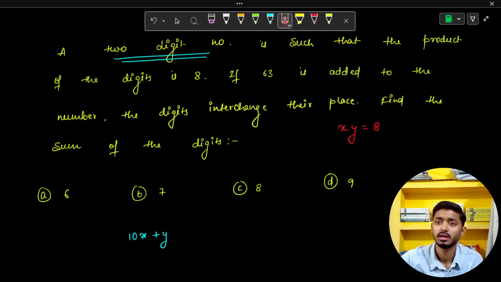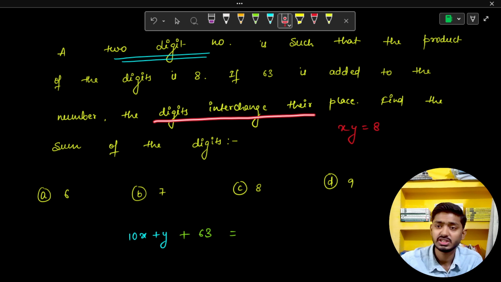It says if 63 is added to the number, what was the number? 10x plus y. If 63 is added to it, the digits interchange their place. The digits interchange their place means the number would become 10y plus x.